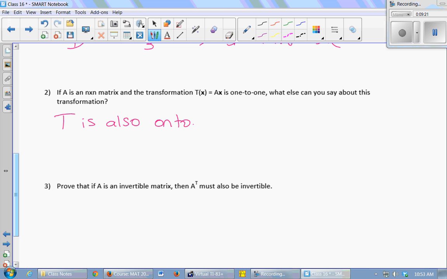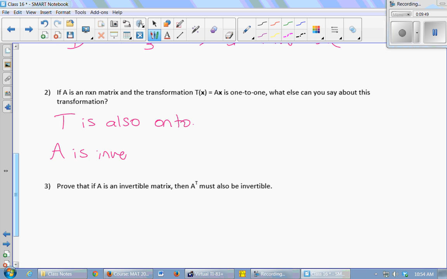Right, from the invertible matrix theorem. Because A is square, if it's 1-to-1, then everything else in the invertible matrix theorem is true. So T is also onto. And what else can you say about T? It's invertible, because if Ax is 1-to-1, that means A is invertible, which means that the transformation is invertible.